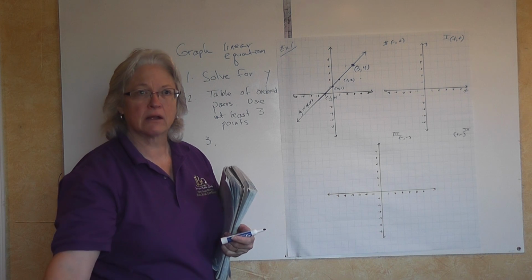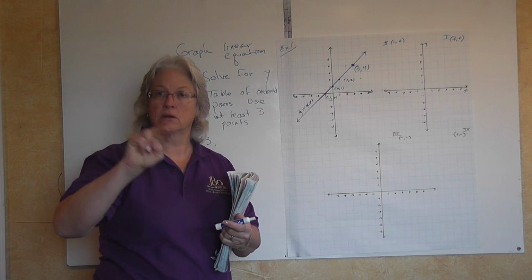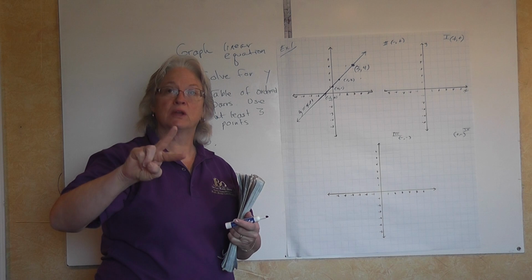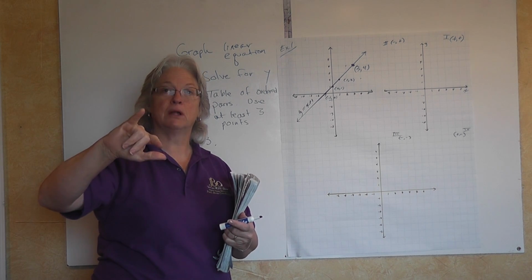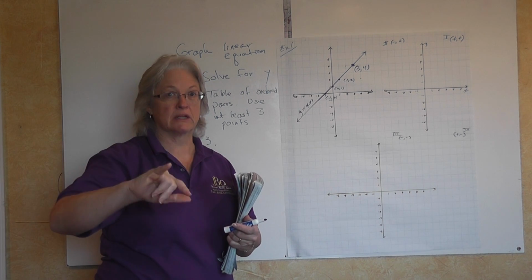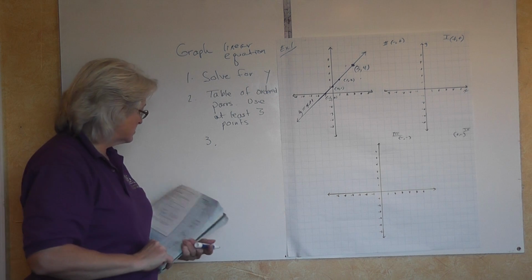You can connect any 2 points with a straight line, but once you get a 3rd point on that same line, there's no other line that will contain those same 3 points.